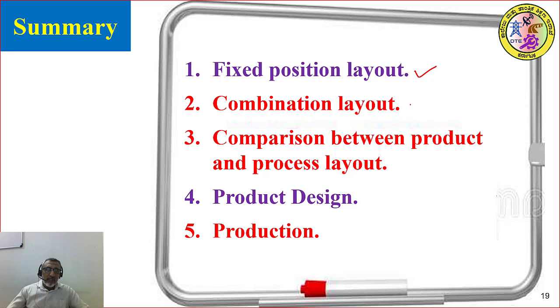Then we discussed the combination layout, which is a combination of the process and product layout. We did a brief comparison between the product layout and process layout. Then we went on to discuss product design and the factors which affect product design. And towards the end, we discussed what production is and the need for production.